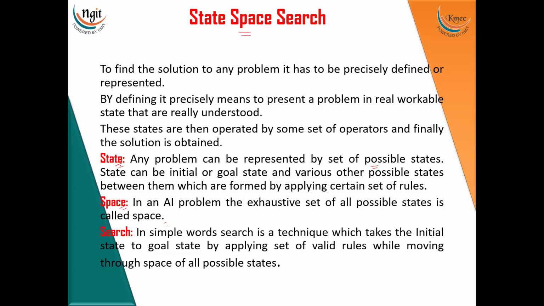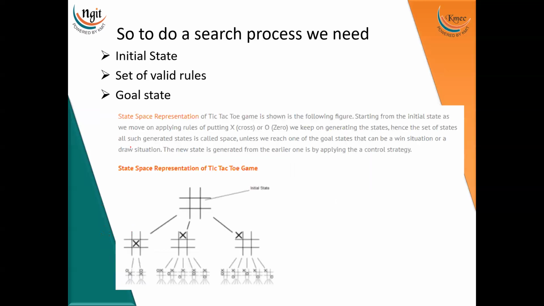That's why we say it takes the initial state to the goal state by applying some set of valid rules while moving through the space of all possible states. So these are interrelated terms: state, space, search. To do a search process, we need the initial state, a set of valid rules, and the goal state. Remember, for any search process, we require these three things.